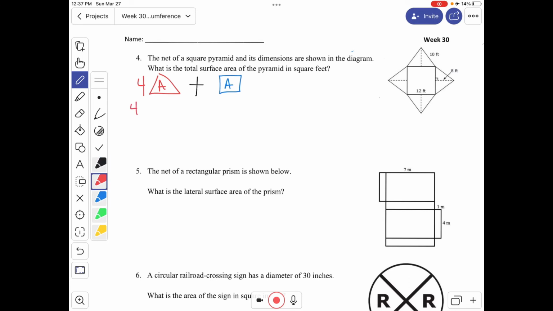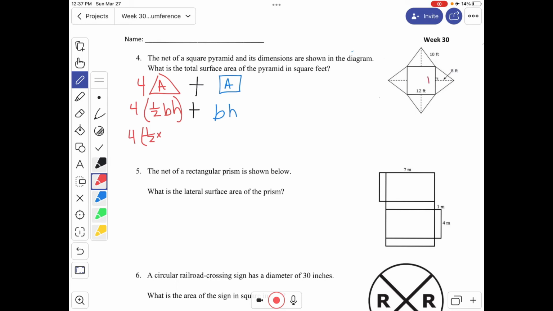Okay, the formula for a triangle is going to be 4, because there's 4 of them, times 1/2 times base times height, plus the area of the square, which is base times height. If we plug in the numbers, 4 times, what's the base of the triangles?